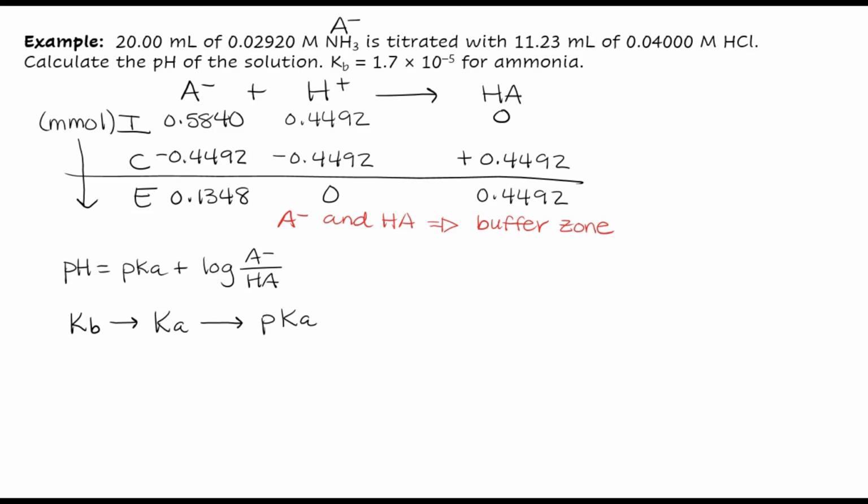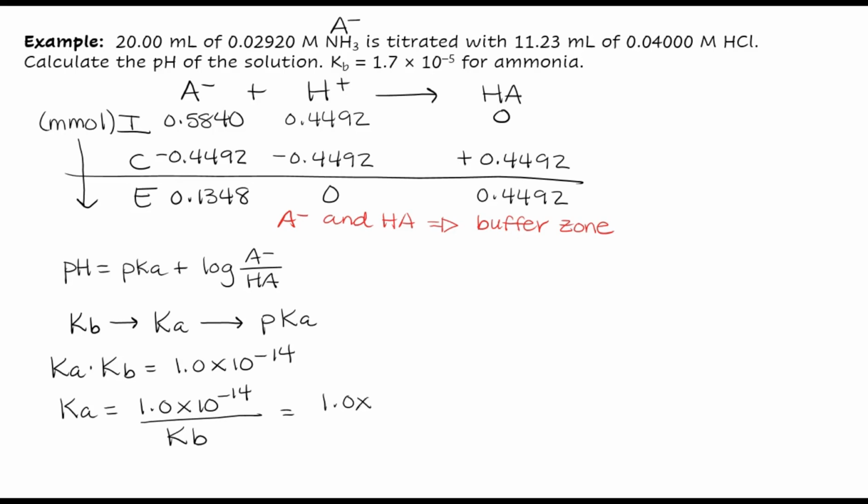So to go from Kb to Ka, I will use the equation Ka times Kb equals 1.0 times 10 to the negative 14. Rearranging that equation, Ka equals 1.0 times 10 to the negative 14 divided by Kb, which will give us 1.0 times 10 to the negative 14 divided by 1.7 times 10 to the negative 5.